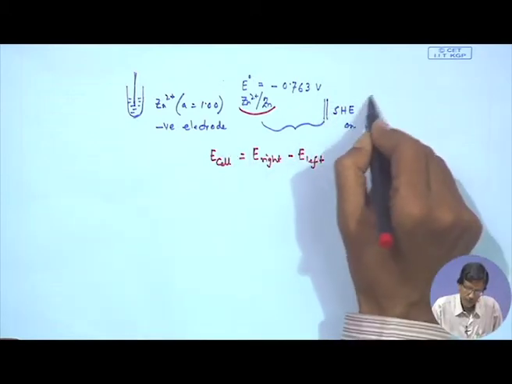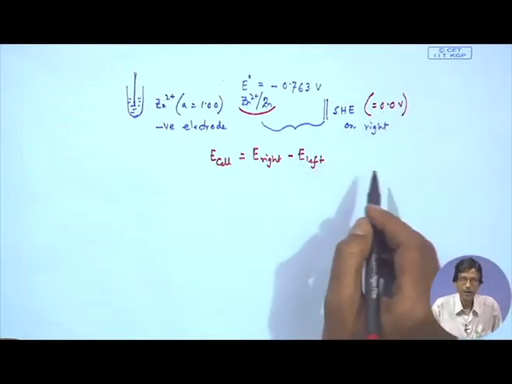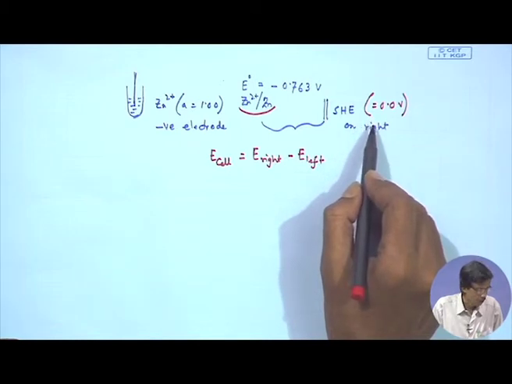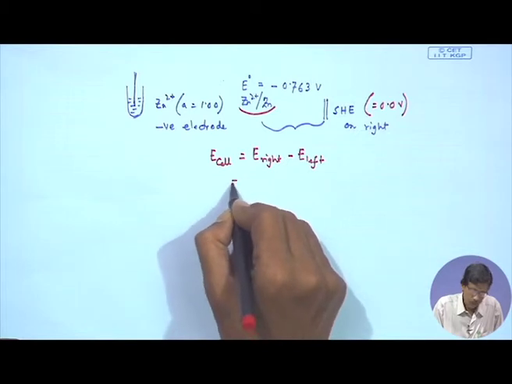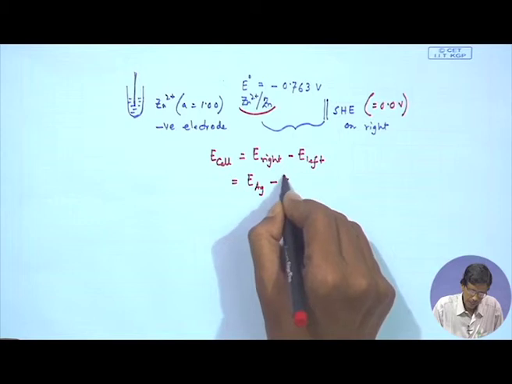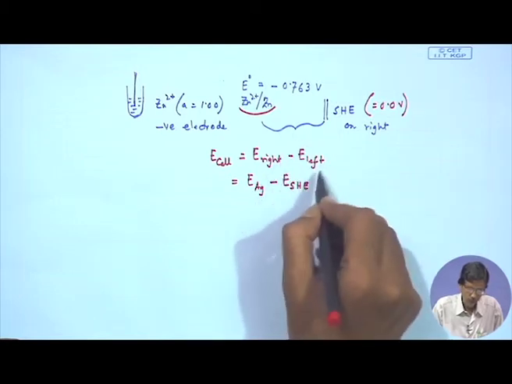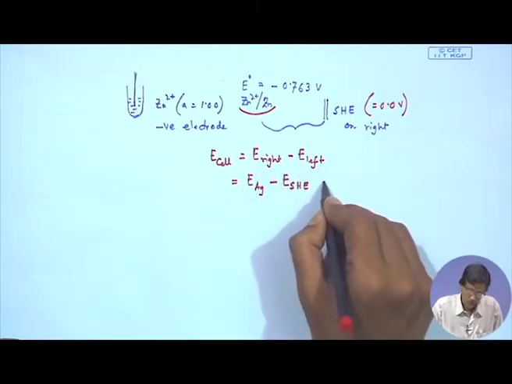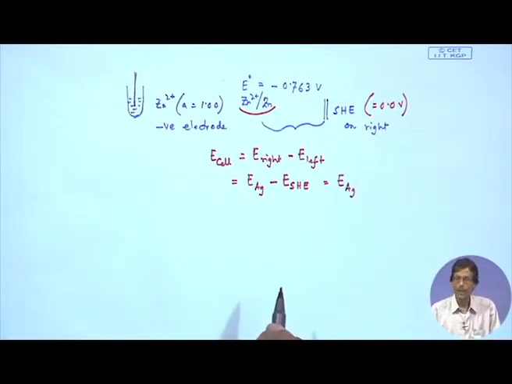SHE value equals 0.0 volt, so whether we are subtracting or adding will not give us a problem. But for silver we have seen that the E0 for the silver electrode is basically minus E of SHE, because the standard hydrogen electrode was on the left and the silver electrode was on the right. That basically gives rise to the corresponding potential for the silver electrode.